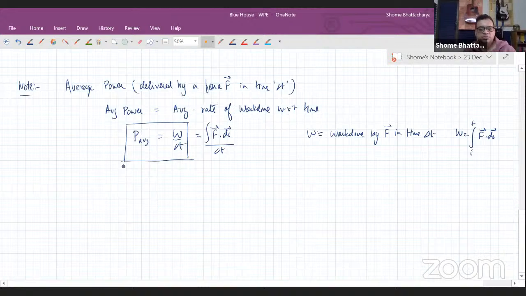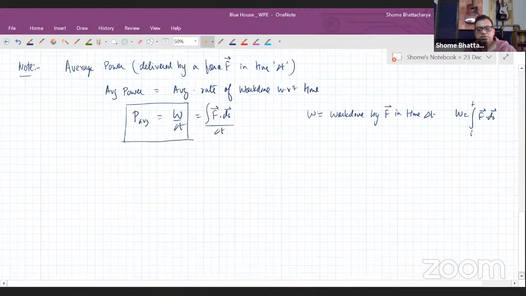So let's look at a very simple example to begin with. Note down the definition first.